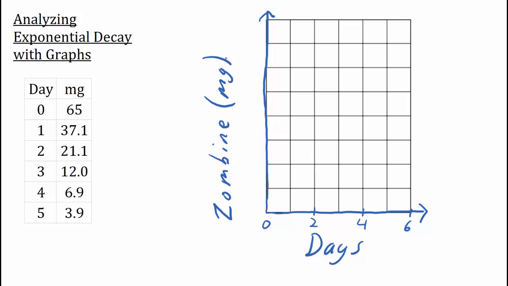We need to go up past 65. That's the largest amount of Zombine in our blood system. So why don't we go by tens and go up to 70? Now we can make our graph and see what this exponential decay model looks like.